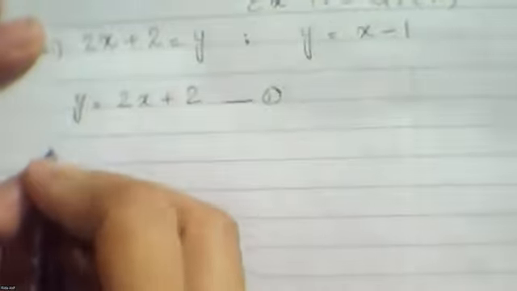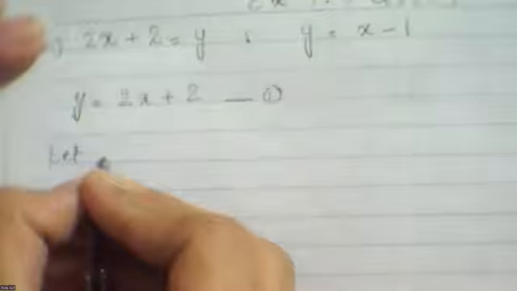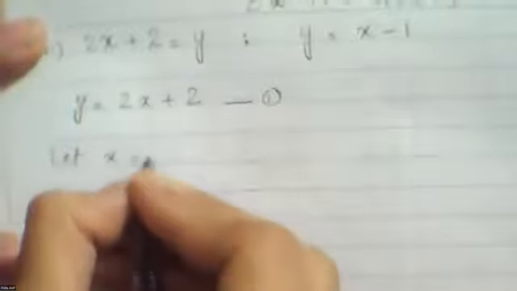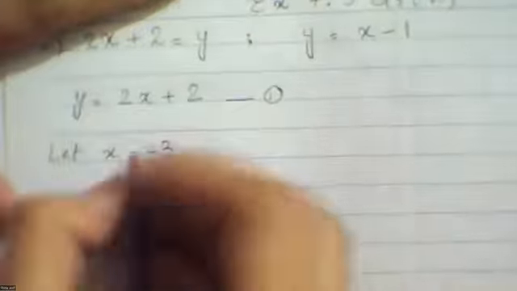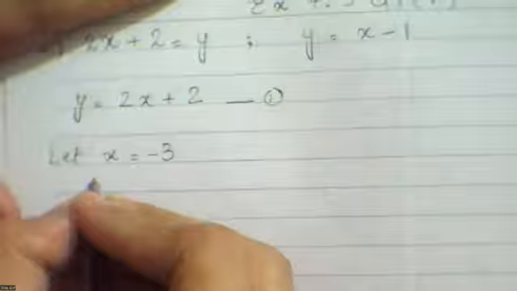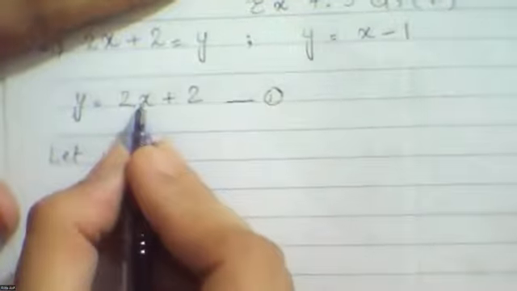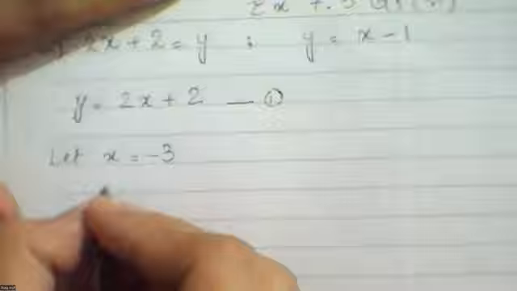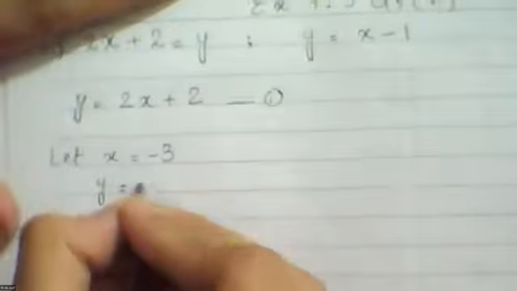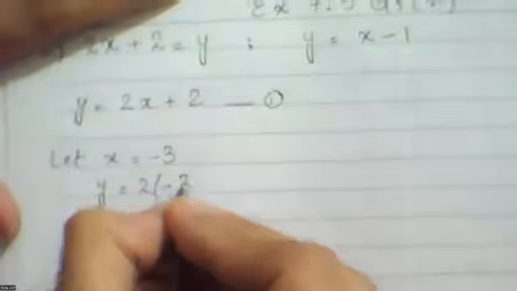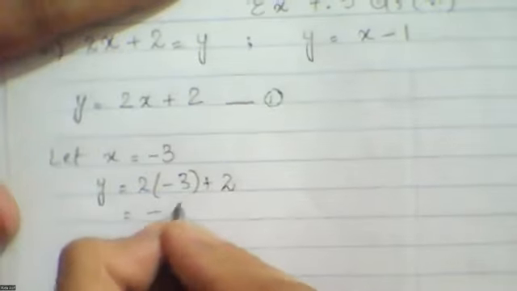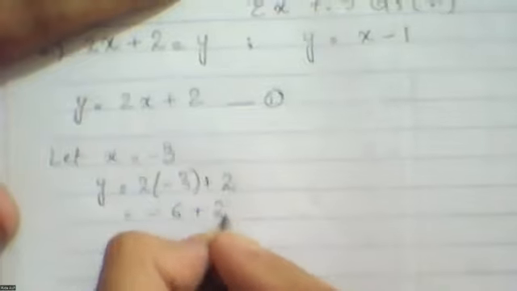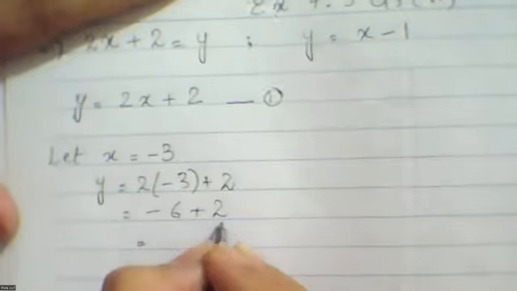For example, let's take x equals -3, right? If we put this value of x over here, this equation becomes 2 into -3 plus 2. 2 times -3, we get -6, plus 2, that is -6 plus 2.